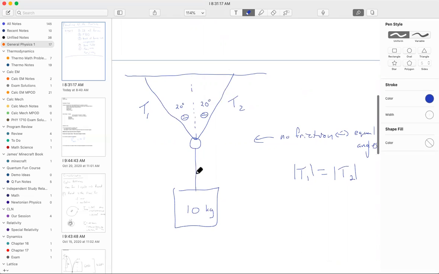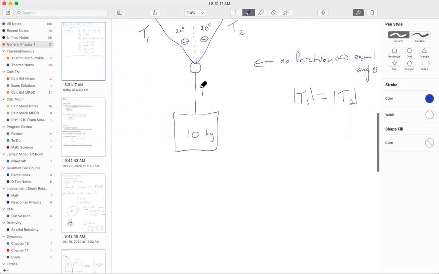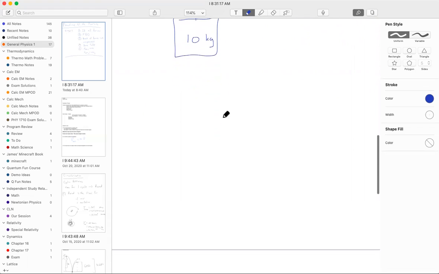And we have another tension on this rope, but because it's not moving, we know that the tension coming from this rope has to equal the weight of this 10 kilogram mass. So I'm going to call this T3, and numerically it equals mg, which would be 98.1 newtons. So the third tension here numerically has a size equal to the weight of the hanging mass.